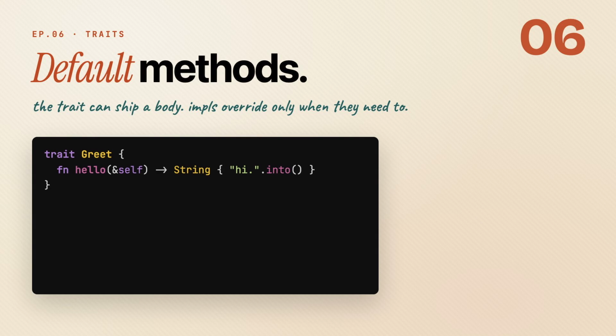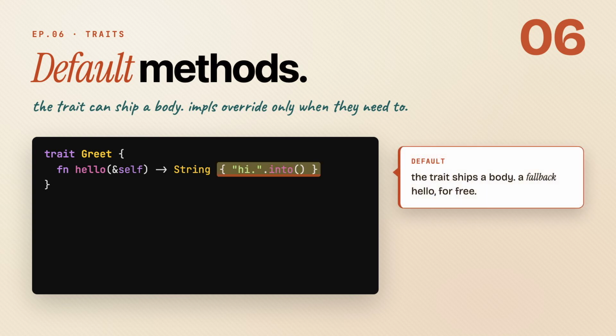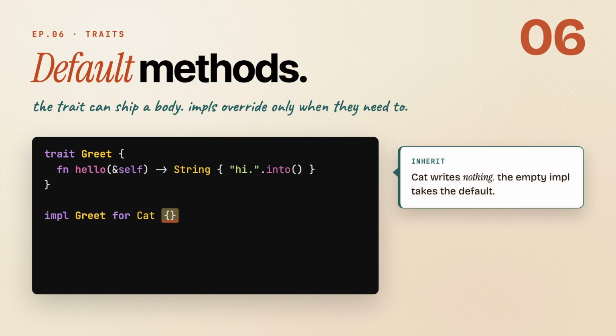Now, we have seen the method on the previous scene, but traits can do a bit more than that. Instead of just naming hello, the trait can ship a body for it, a default, a fallback that every type gets for free, unless it wants something different. So Cat can implement Greet and write nothing at all, an empty impl.